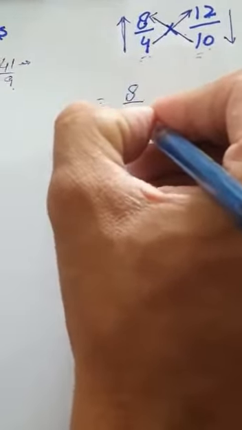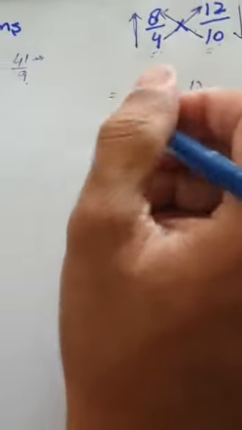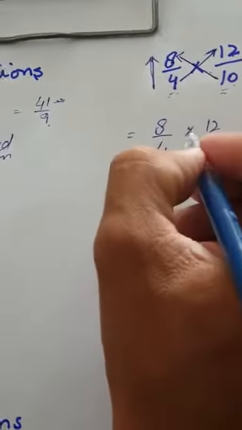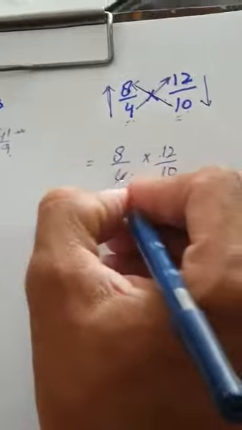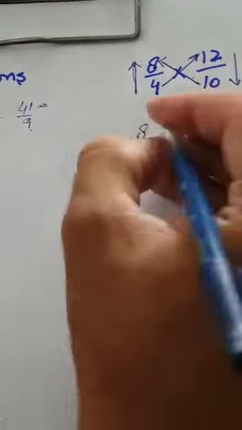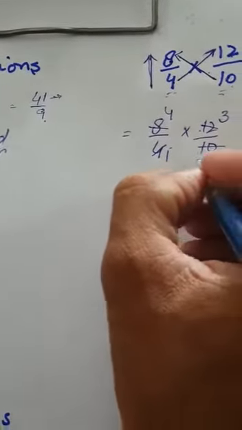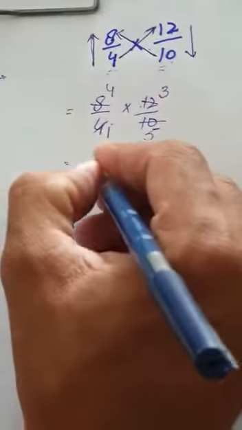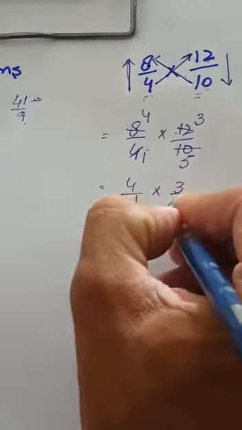8/4 into 12/10. First of all, we will cut it like this. 4 1s are 4, 4 3s are 12. 2 4s are 8 and 2 5s are 10. So we are left with 4/1 multiplied by 3/5.